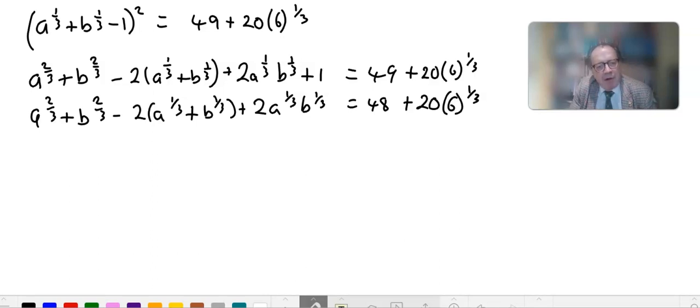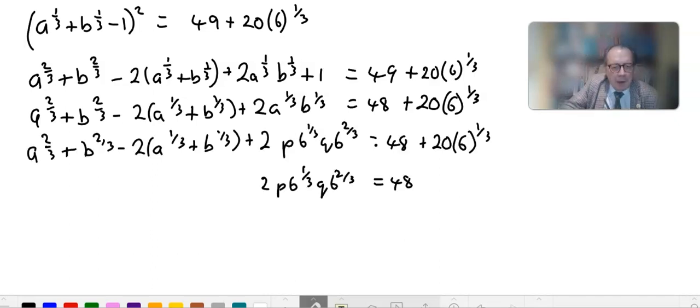is if we can involve the two numbers 6^(1/3) and 6^(2/3), and you'll probably see that a bit more clearly when I write out the next line. And so I have said that a^(1/3) is the same as p times 6^(1/3), and that b^(1/3) is the same as q times 6^(2/3), and that is the only way we're going to get the number 48 out of there.